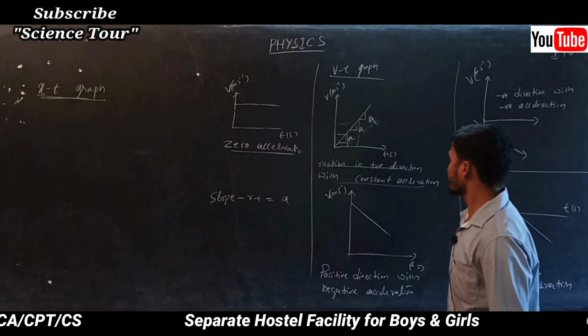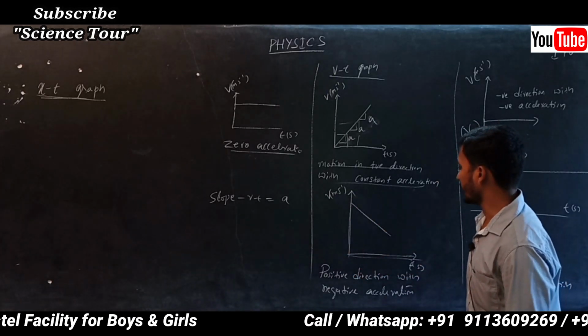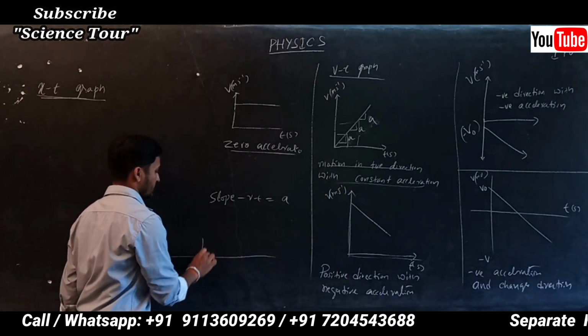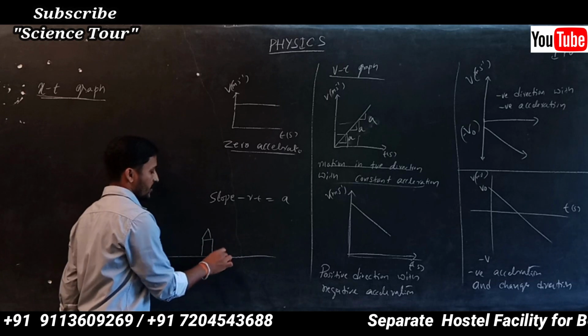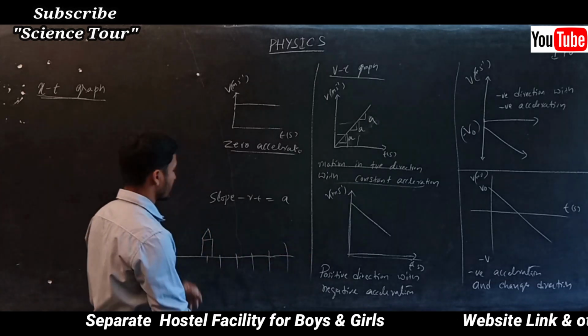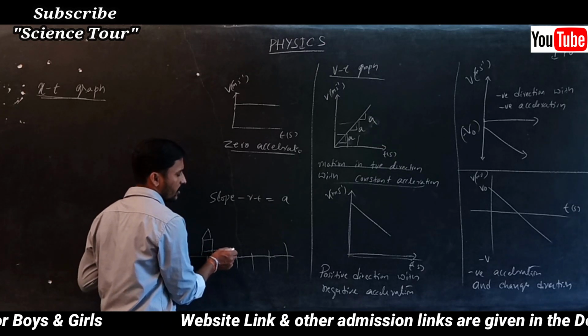Next, motion of the object in the positive direction with negative acceleration. If I show it in the diagram, this was your home and you are moving in the positive direction with negative acceleration, meaning first you are running fast, then becoming slower.